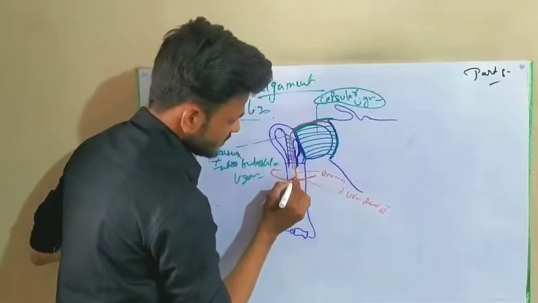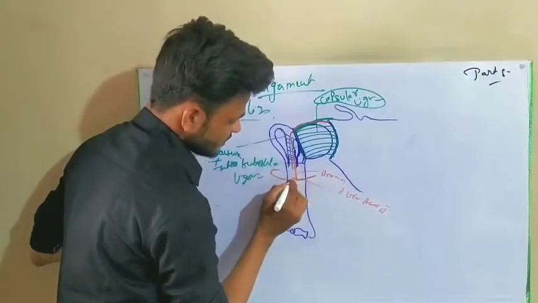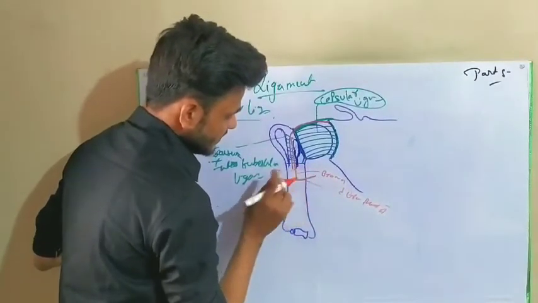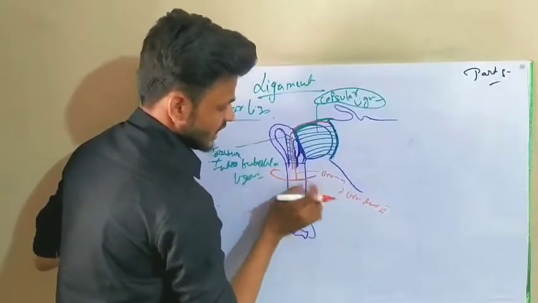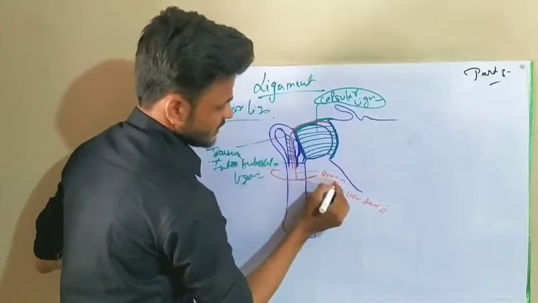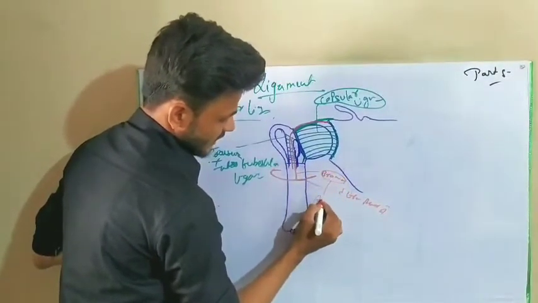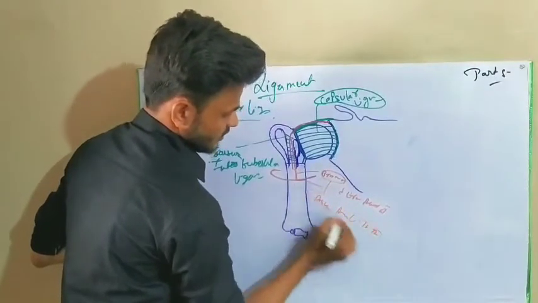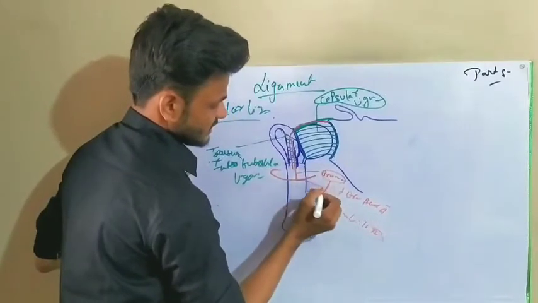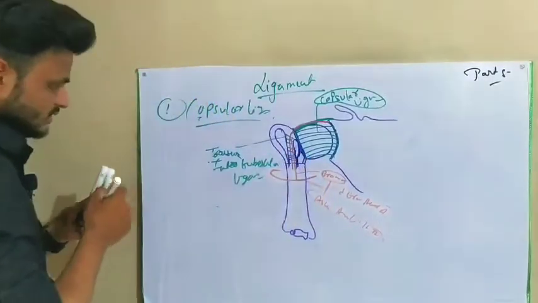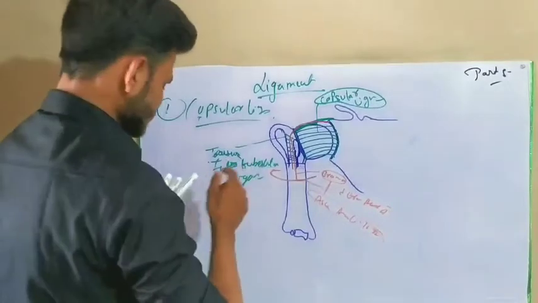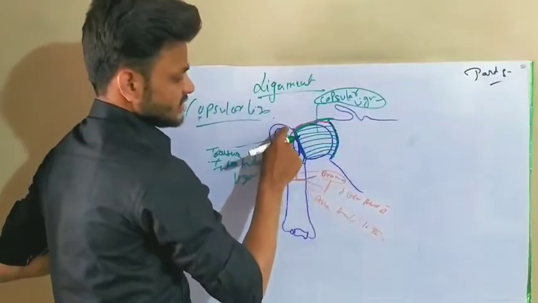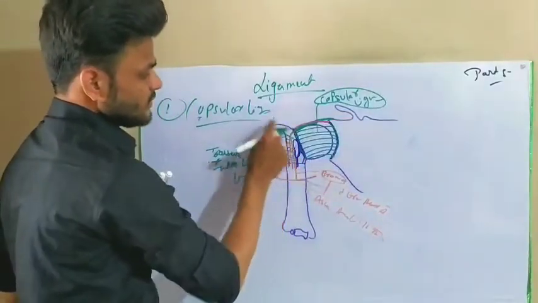This is its branch, called the ascending branch, so the ascending anterior circumflex humeral artery.